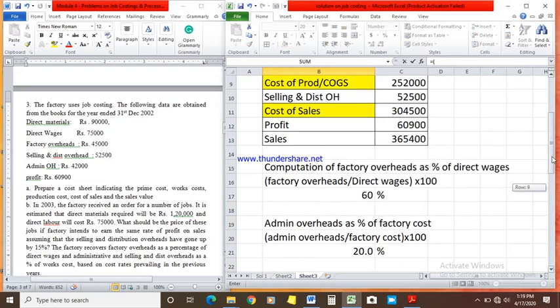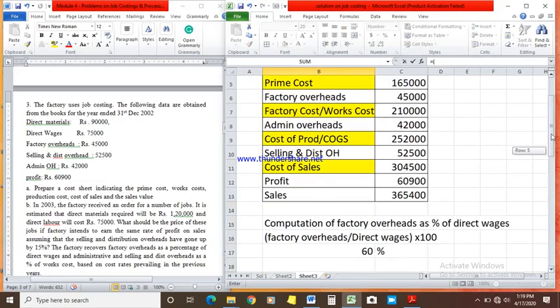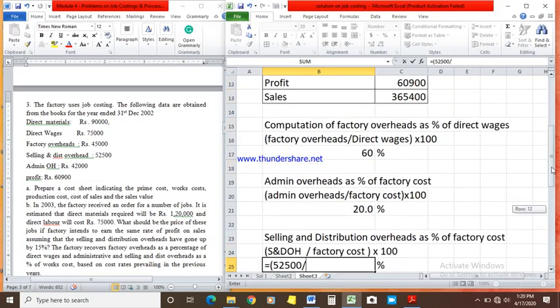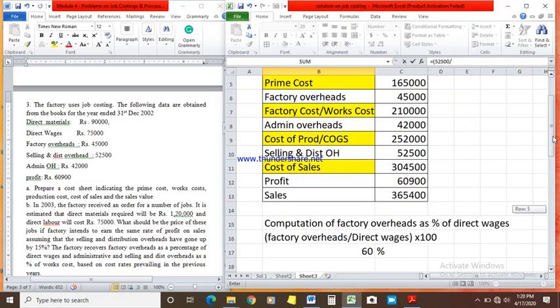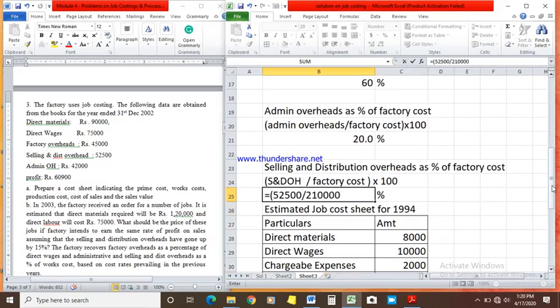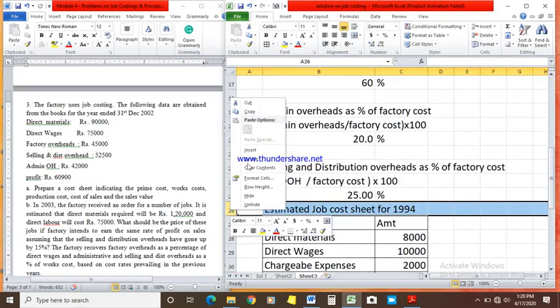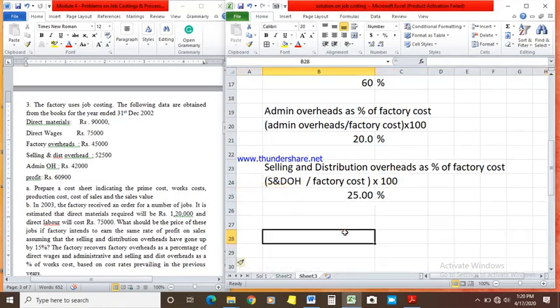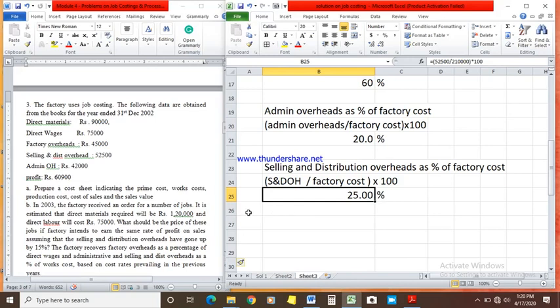Presently, 52,500 is the selling and distribution overhead value, divided by factory cost, that is 2,10,000, into 100. Based on the present information, selling and distribution overhead as a percentage of factory cost is 25%, but this has increased 15%.